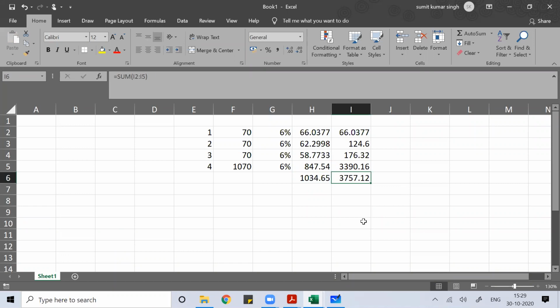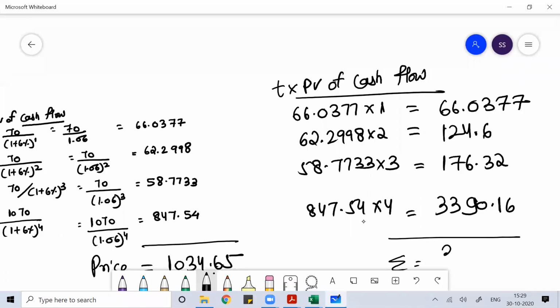The sum is 3757.12. So you'll get the sum of T into present value of cash flow.